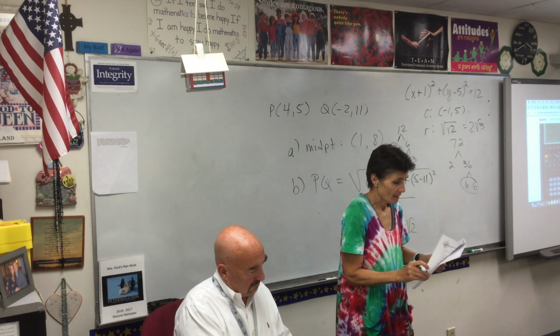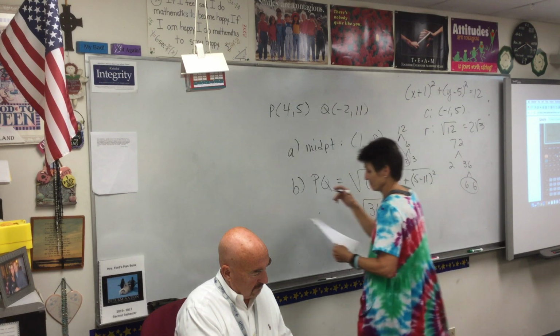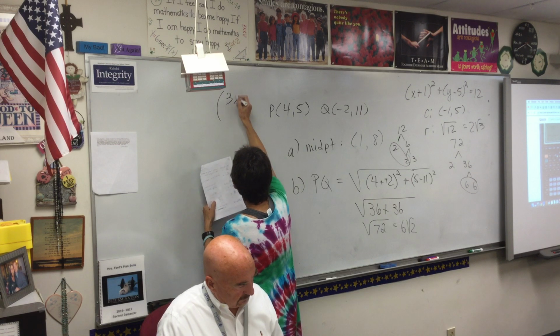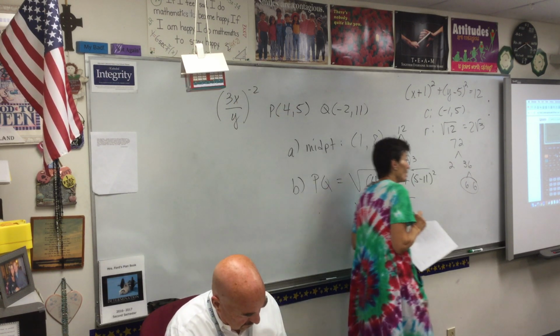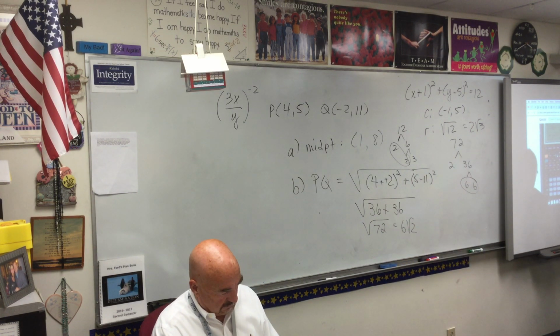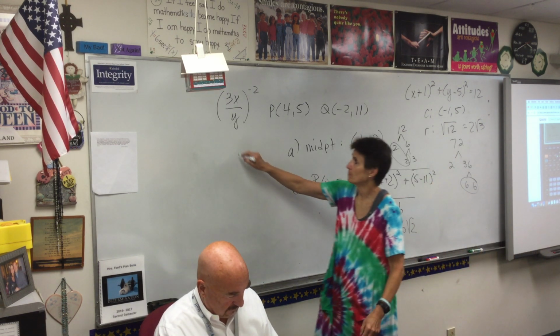S, number 4. S4. This is one of our simplifies. Okay, so let's see. Who remembers what we do when we have a negative exponent on the whole fraction? Flip the whole shebang. So the whole thing's going to get flipped over.